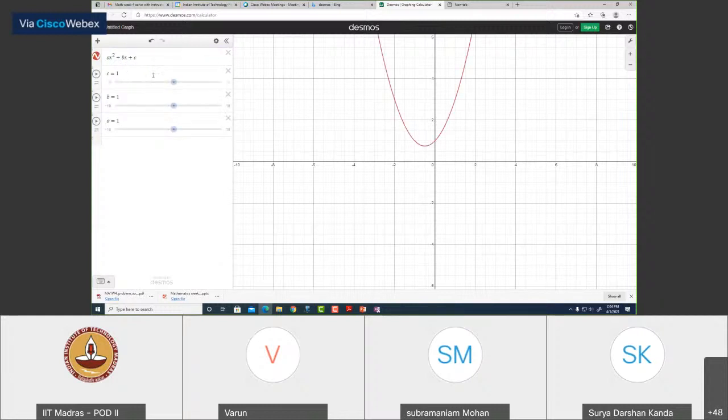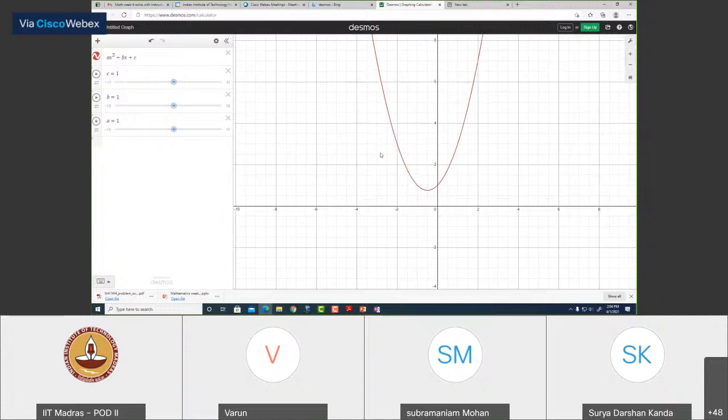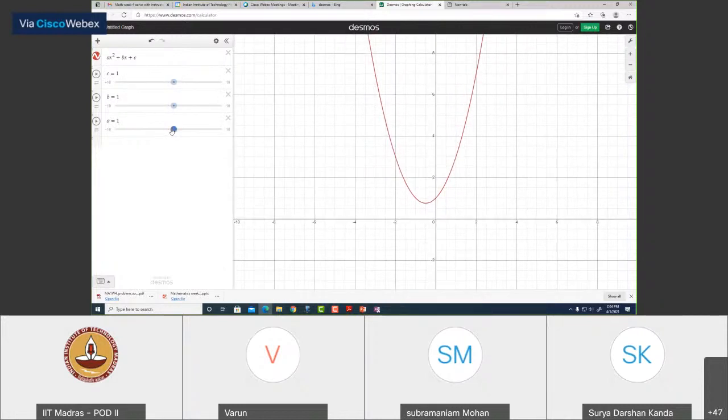So we can add different sliders, right? We can vary the value of a and see how the parabola is drawn. If a equals 1, b equals 1, and c equals 1 in the equation ax square plus bx plus c, we can see how the parabola shape changes when the a value, the b value, or the c value changes.